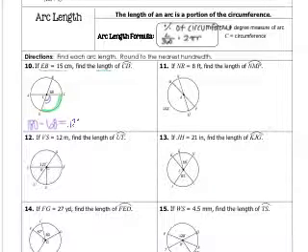So I know that arc CD is 112 degrees, but it's not asking me for the degrees, it's asking me for the length. So I need to find the whole circumference and then find out what percent 112 degrees is of that whole part. So I'm going to say 112 out of the 360.